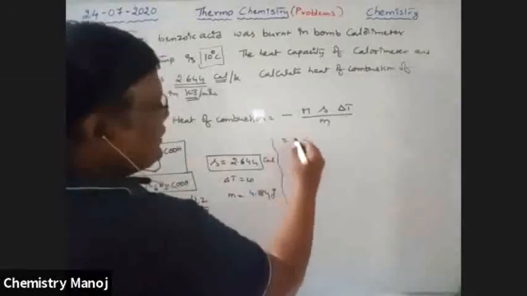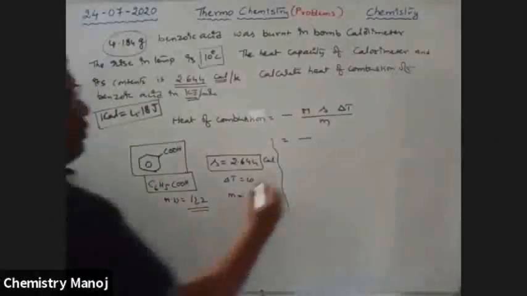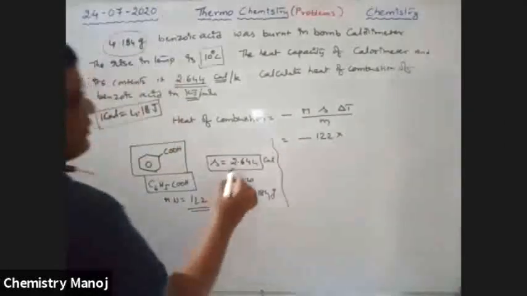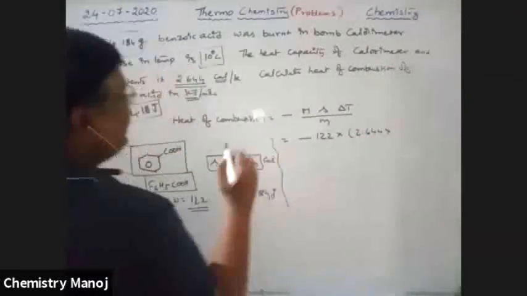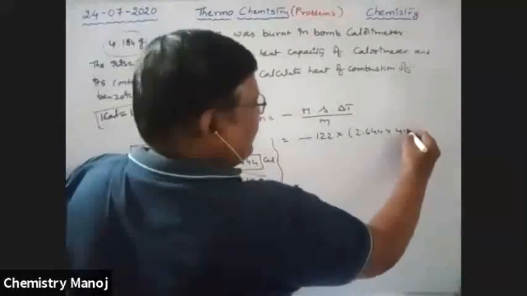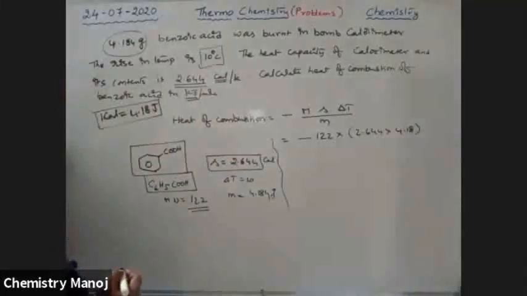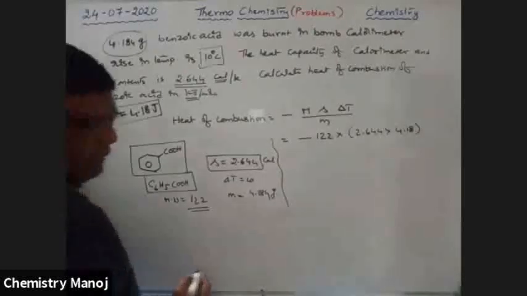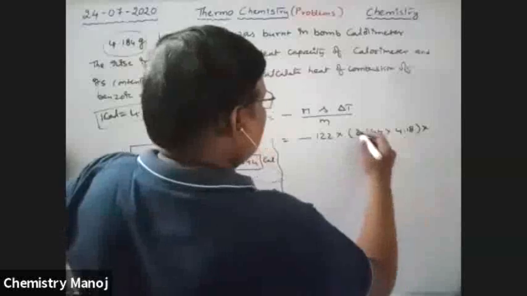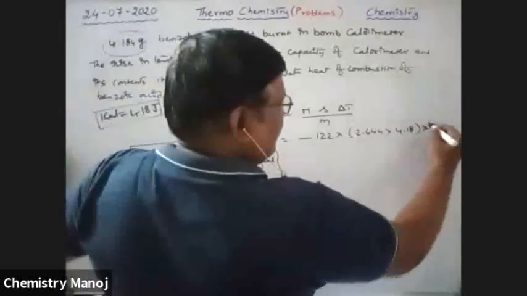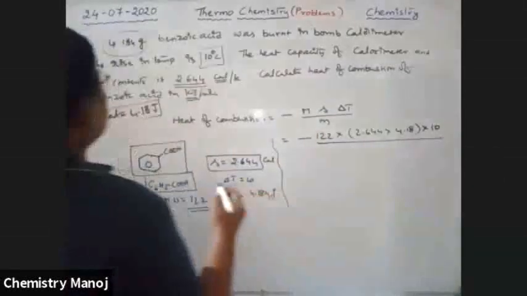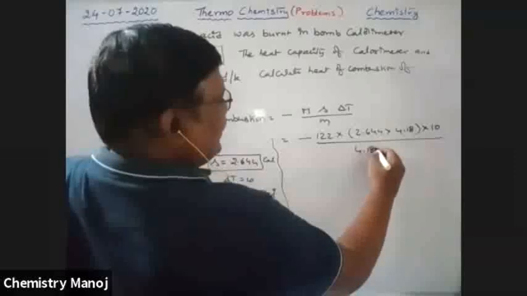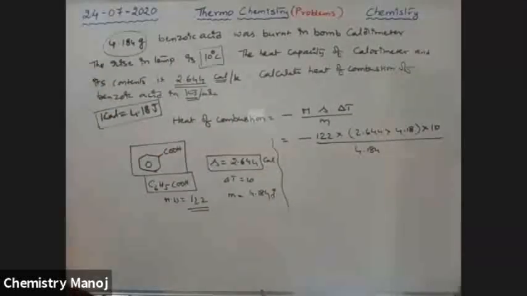Finally, I am using the formula: molecular weight 122 into S, 2.644 calorie, multiplied by 4.18 joule, into delta T, which is 10, divided by the mass, 4.184 grams.